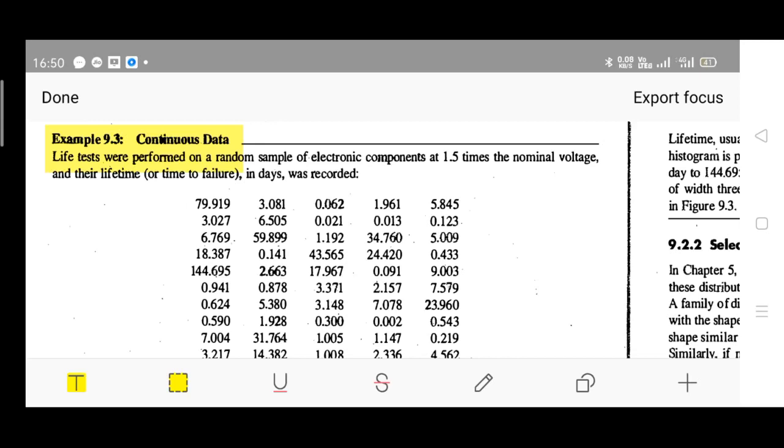The life test of various electronic gadgets or components is performed by giving an input voltage of 1.5 times the normal voltage. Against that, the test is performed and their lifetime is considered, lifetime in terms of number of days, or you can say time to failure.